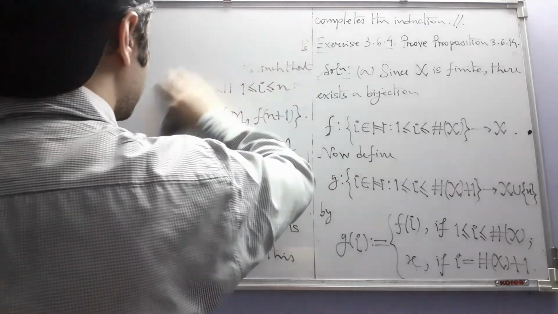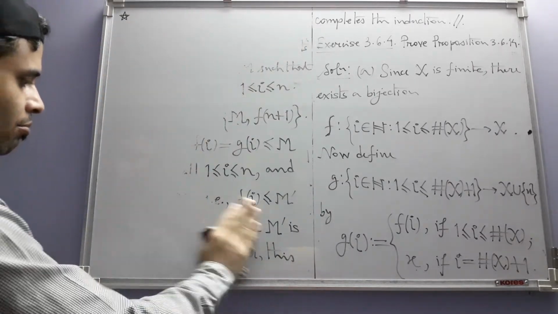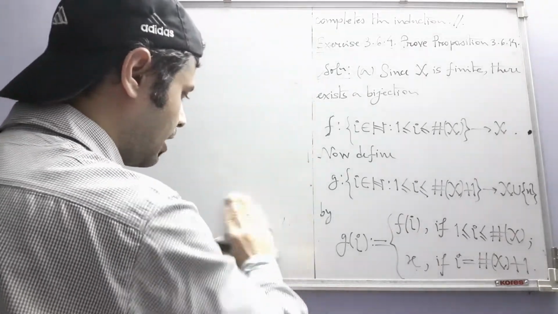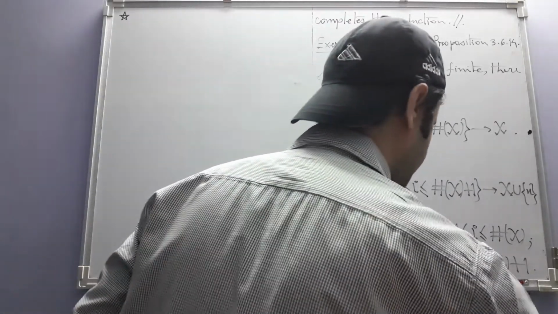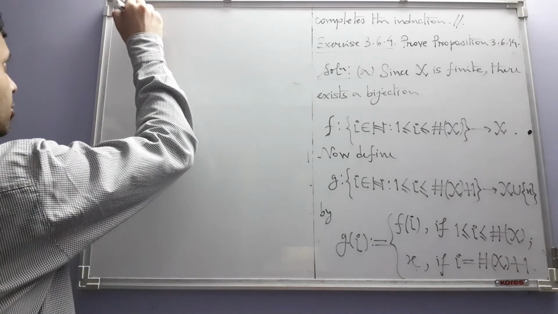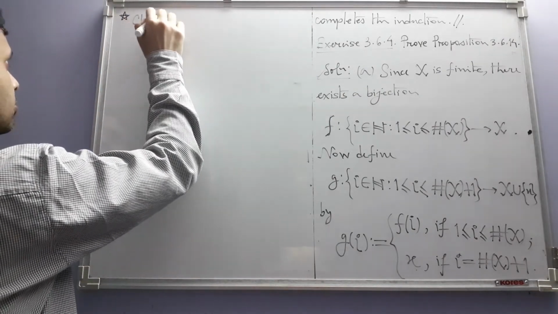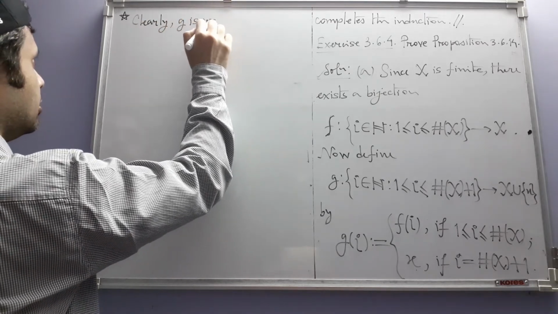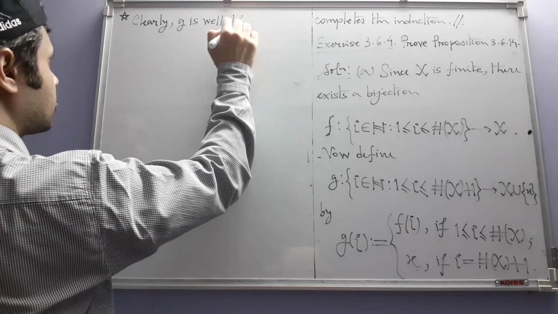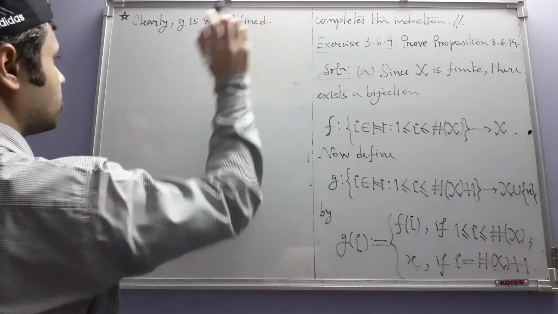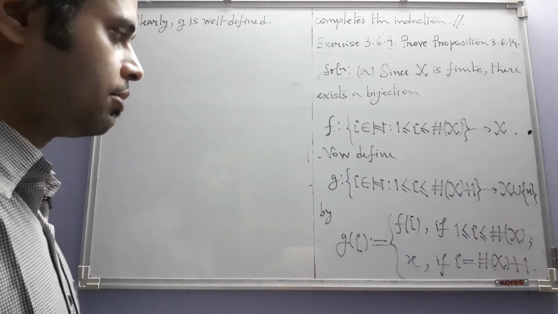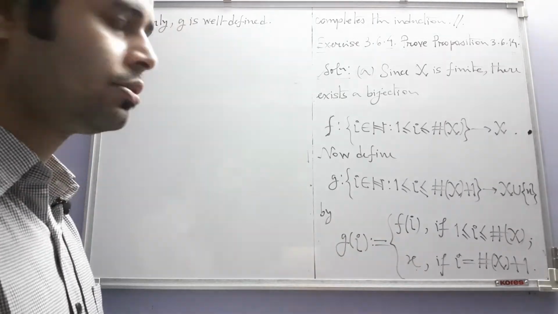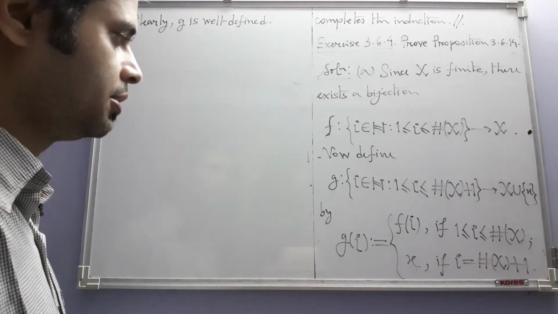For well definedness, every output must be in the range, and for a given input the output must be unique. Although we won't write all these things, we just simply write clearly g is well defined. Now we can also quickly see that g is a one-to-one mapping or an injective mapping.